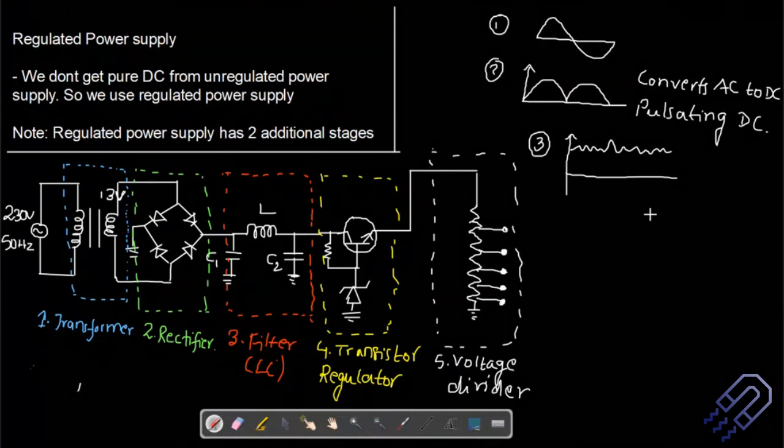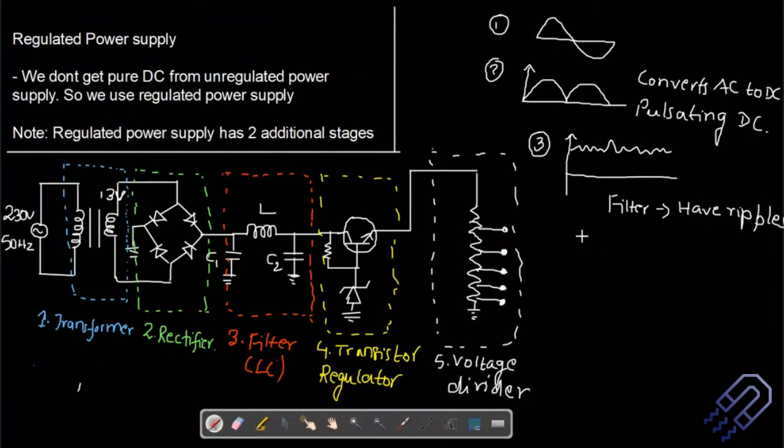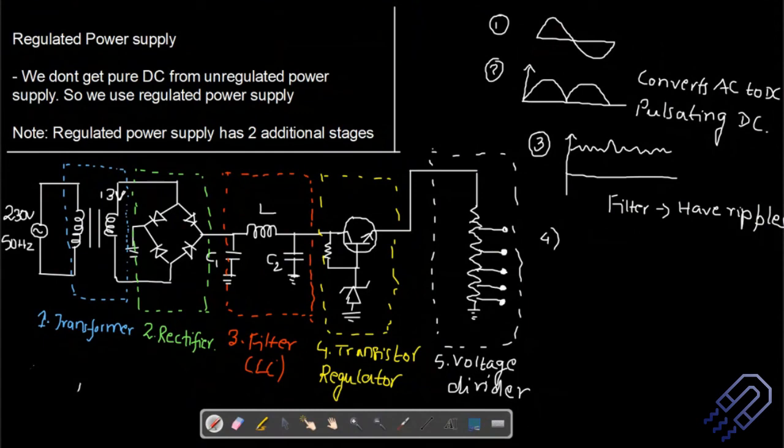This third one, which has the filter, will have ripples in it. So these are ripples. I don't need that. I need a pure regulated DC power supply.